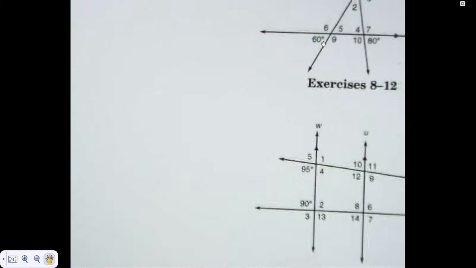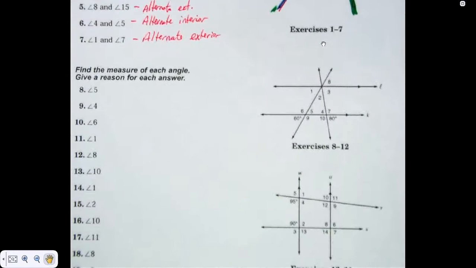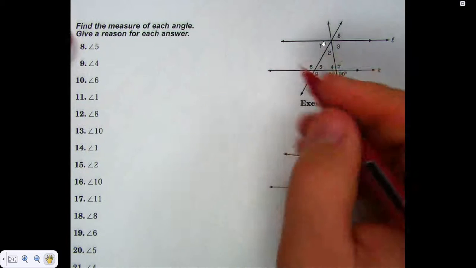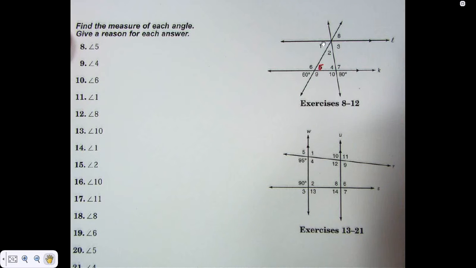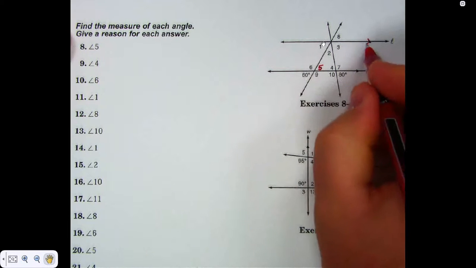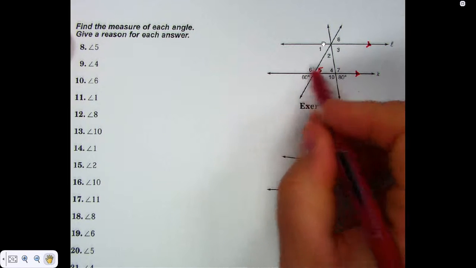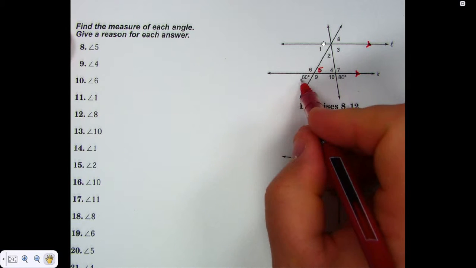Now, it said find the measure here. Angle 5. They want to know this one right here. Measure of angle 5. Well, these two are my parallel lines, aren't they? Do I know anything about any of the angles close to it, or that relate to it? Yeah. Its vertical angle is 60.